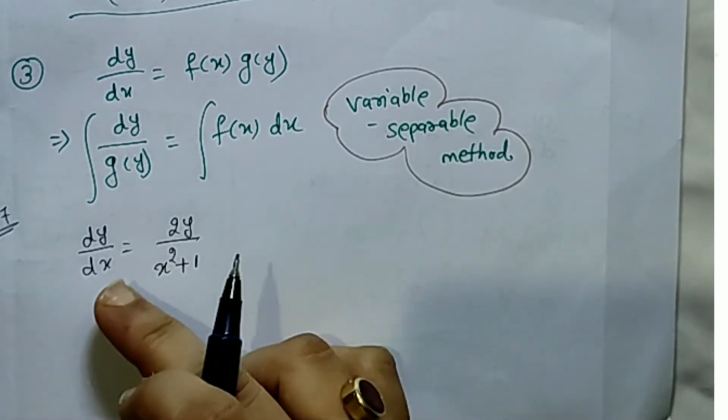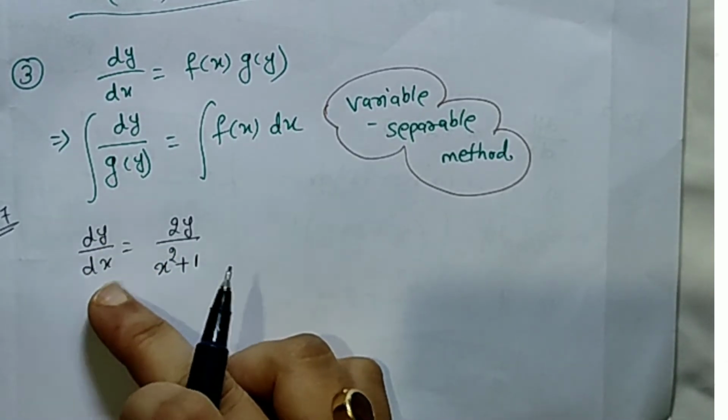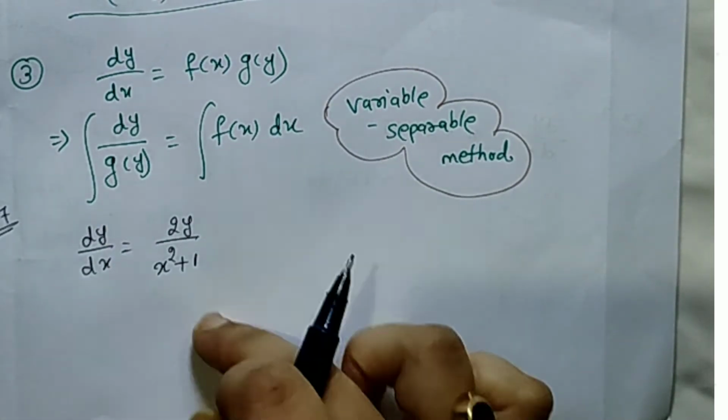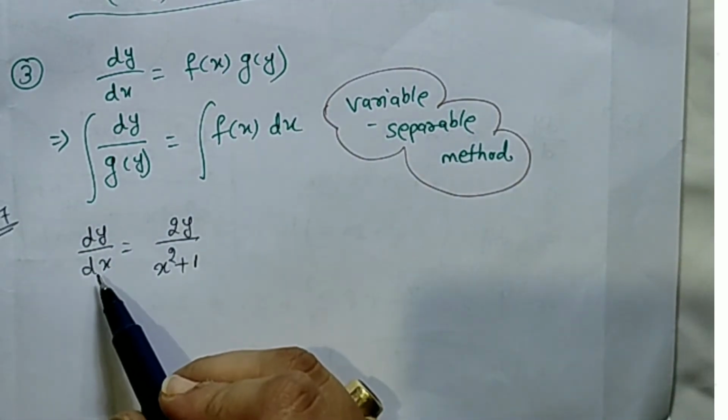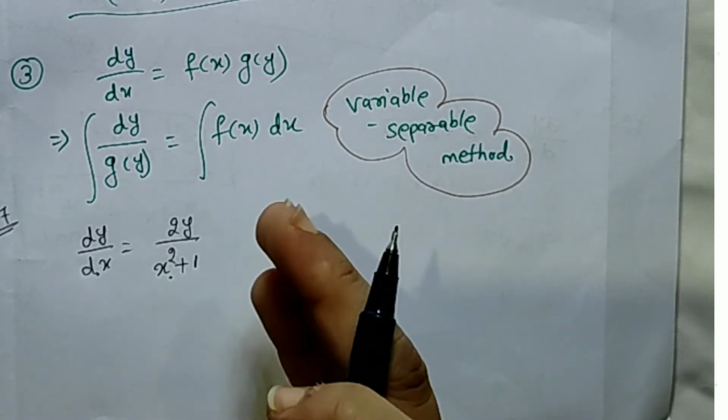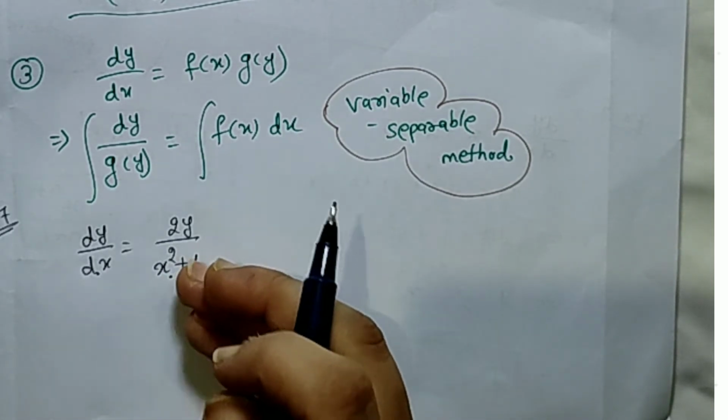Now this is the question. Solve dy by dx is equal to 2y by x square plus 1. This is a differential equation with variable x and variable y. We have to find a solution.